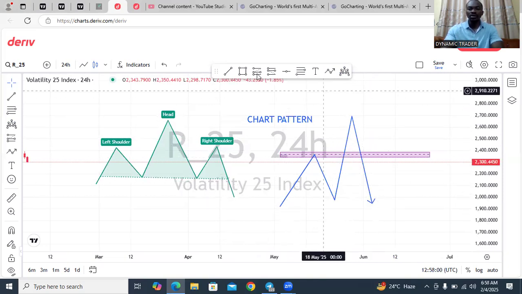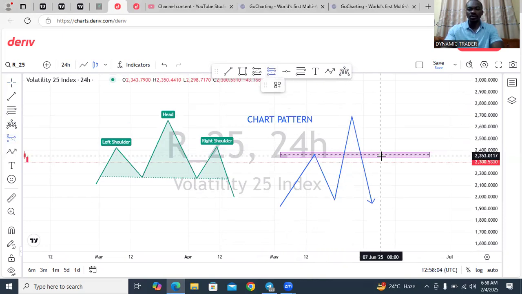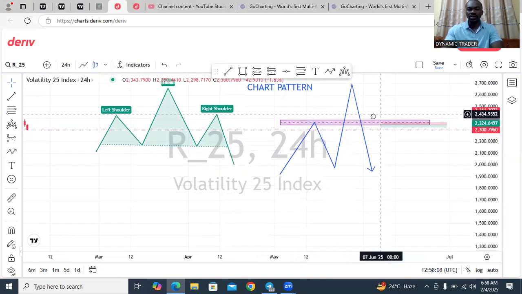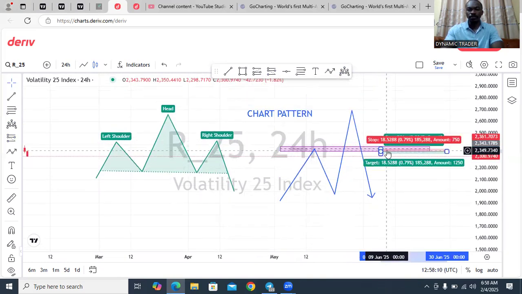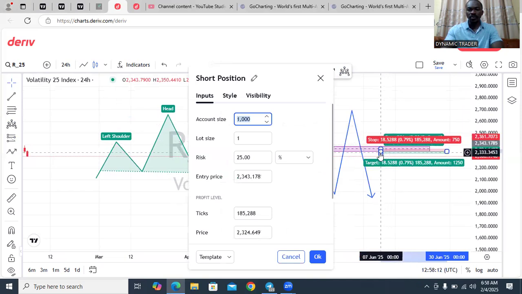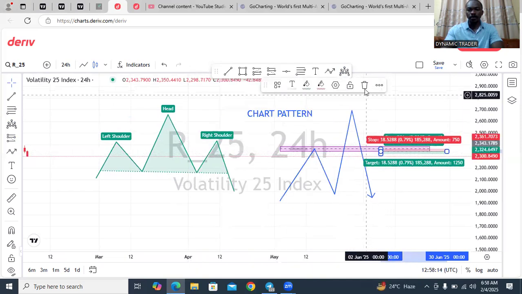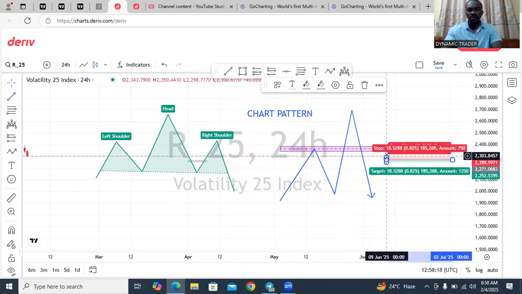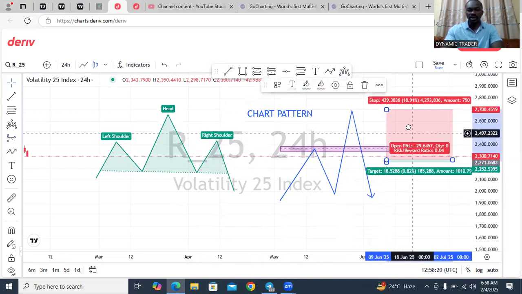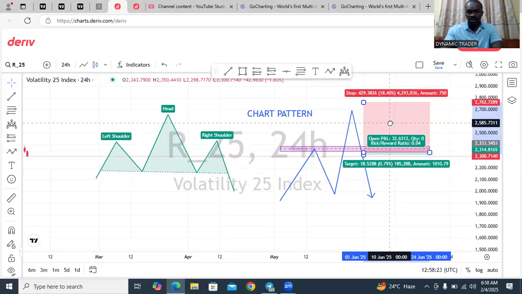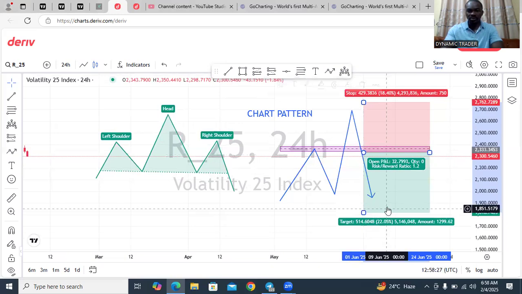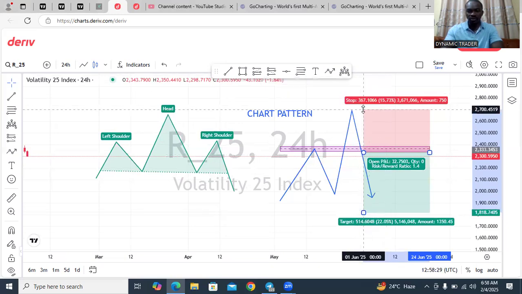What the retail traders are going to do is place their sell limits here, then their TP somewhere around here, depending on their risk to reward ratio.